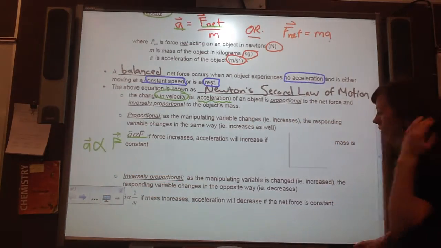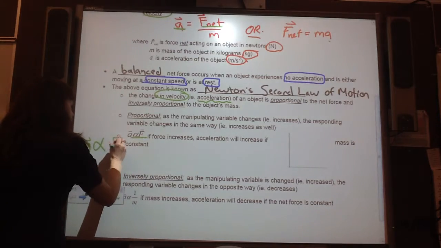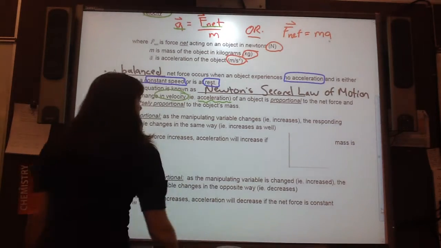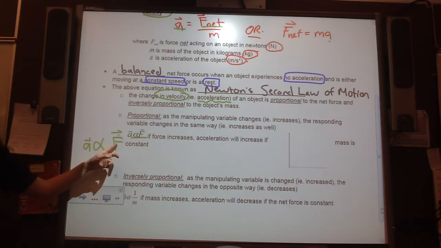The proportional sign, the F kind of got messed up. Sorry. So it would be like me eating chocolate bars is proportional to me getting fat. A is proportional to F. Okay?